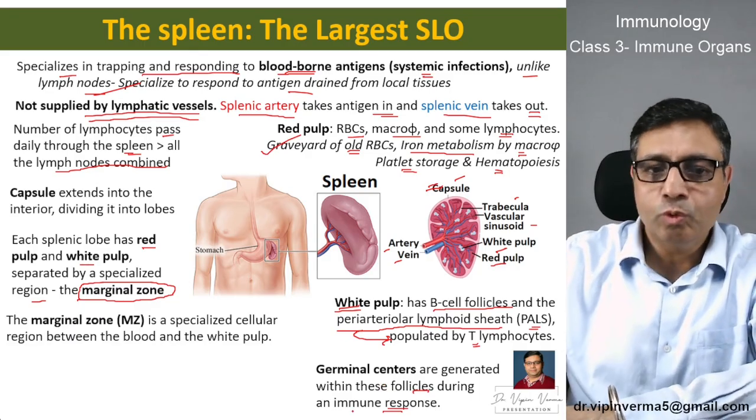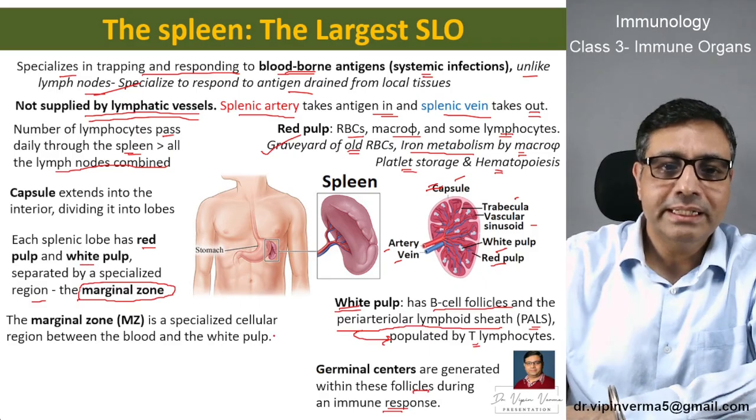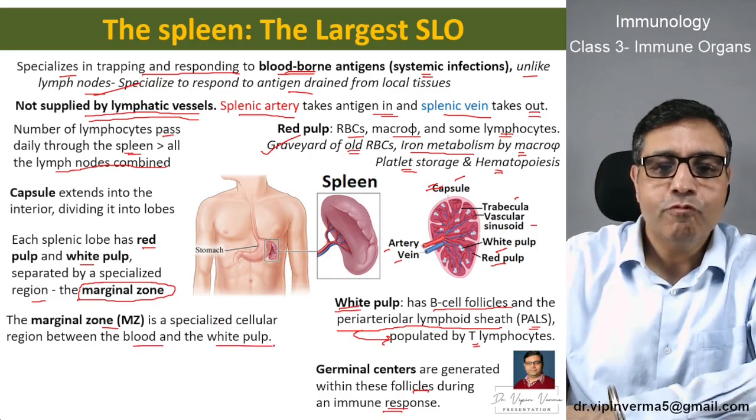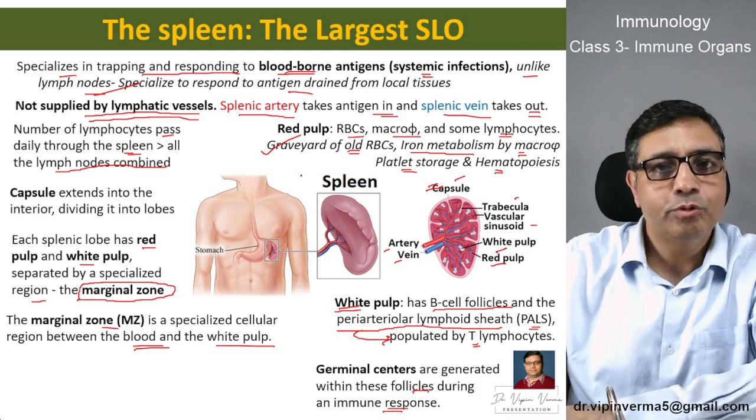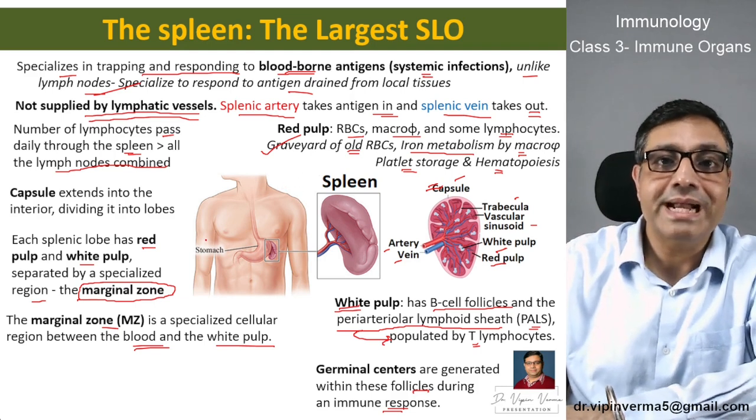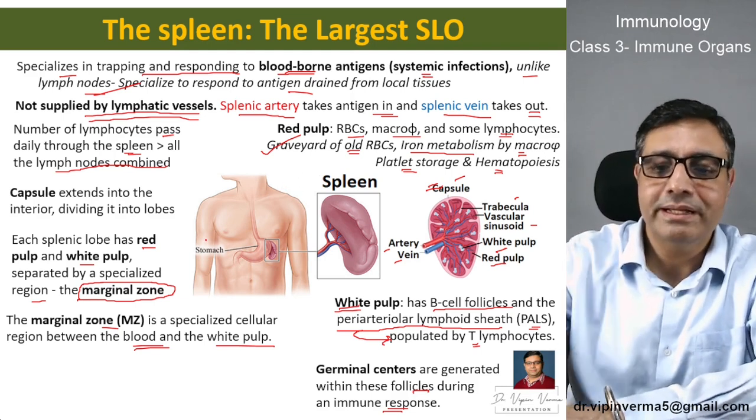The marginal zone, because it is a boundary between the red pulp and white pulp, is a specialized cellular region between the blood and the white pulp. Red pulp is rich in blood supply, because you need the RBCs there for dumping, so it is red because it has more vascular supply.